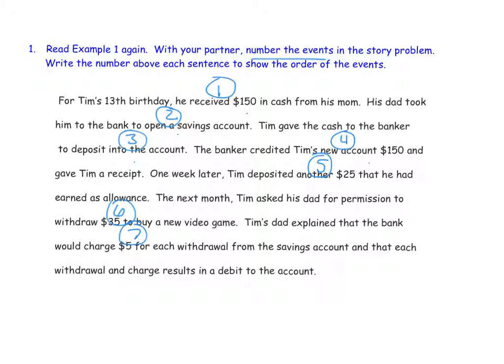So the banker credited his account $150. Now some people might have written all of this as the first thing to occur because it's the same $150. If you said that this whole thing was the first thing, that's okay. Then he deposited $25, he withdrew $25, and then they are going to charge him $5 for that withdrawal.